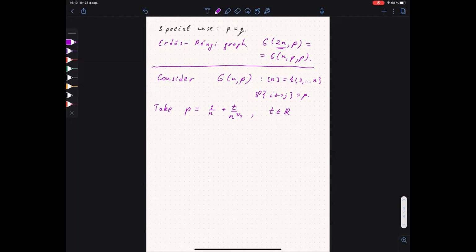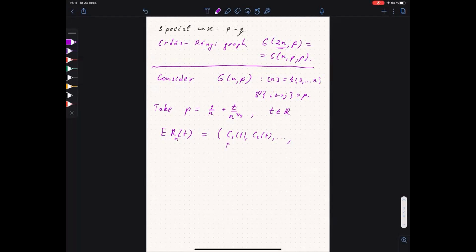Let's also denote the ordered vector of sizes of connected components by ER, like Erdős-Rényi. It is C1 of t, C2 of t, and so on.